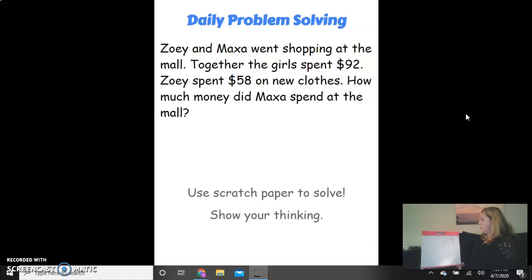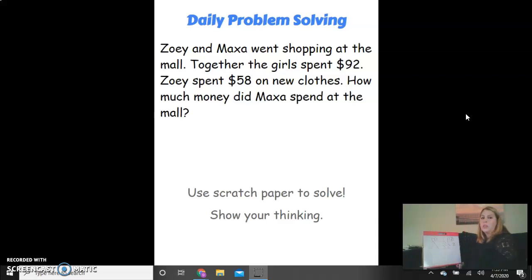So if I wanted to use a Math Mountain to solve this, I know that in a Math Mountain, the total is always at the top. So it tells us together the girls spent $92. So the 92 would be at the top of my Math Mountain.